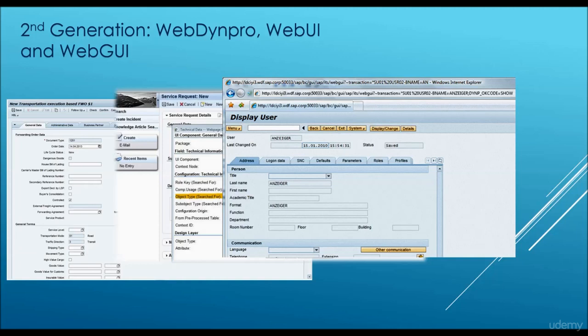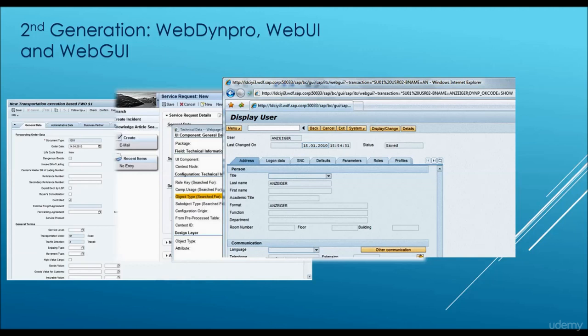The fact that these screens were introduced later, considering when its competitors released web-based screens, talks a lot about SAP's priorities on user experience. And at SAP, user experience always took a back seat.